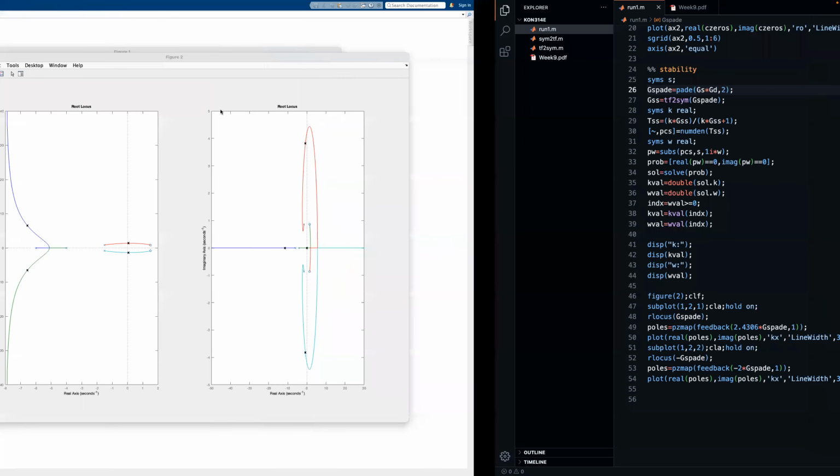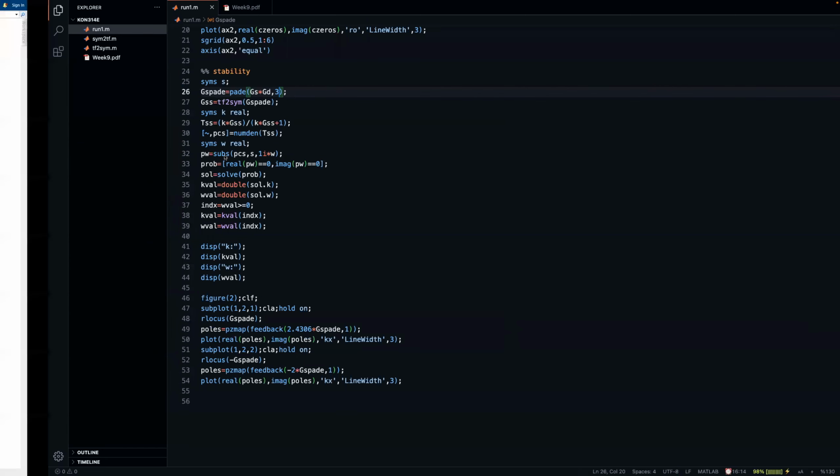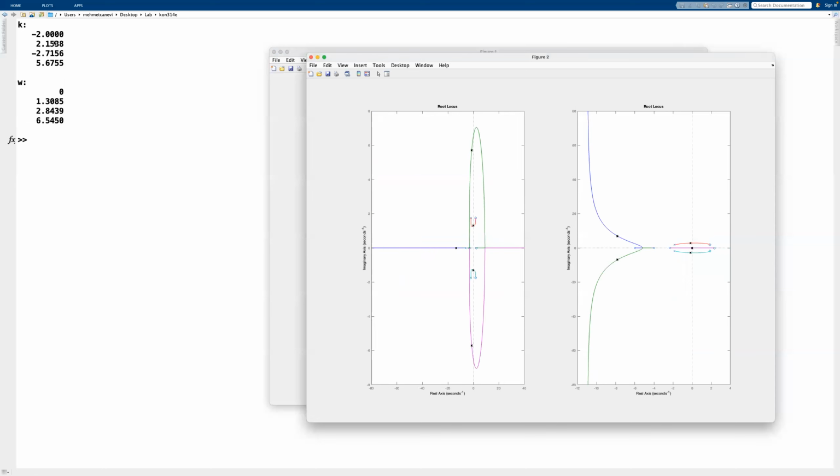So let me increase it one more. Let's have 3, for example. And I get even more candidate points here. Now we have 2 crossings here and 3 crossings here. And I can see that between -2 and 2.15 now, instead of 2.16.